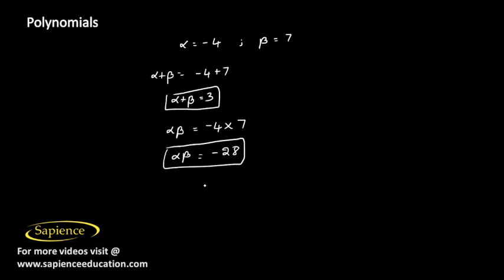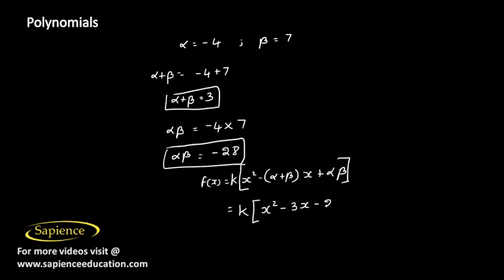And the general form of a polynomial f of x will be x square minus (alpha plus beta) x plus alpha beta, into a constant k. So k into (x square minus 3x minus 28).